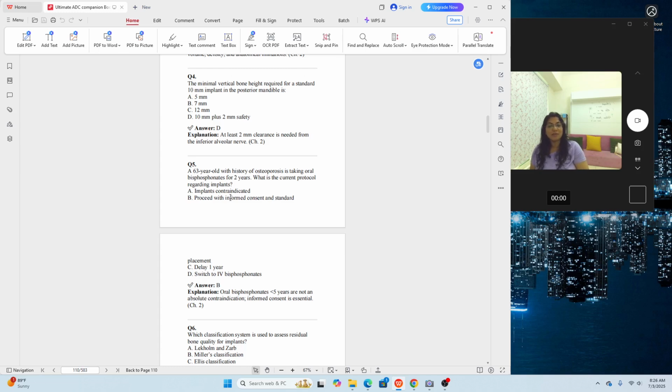Switch to IV bisphosphonates. Boy, you are not the general practitioner. You cannot decide to shift them from any systemic medication or its route. And definitely IV bisphosphonates are more troublesome for you than oral bisphosphonates as an implantologist, correct? So no, option D is out of the window. Option C, not applicable. Option A, no, it's not contraindicated.